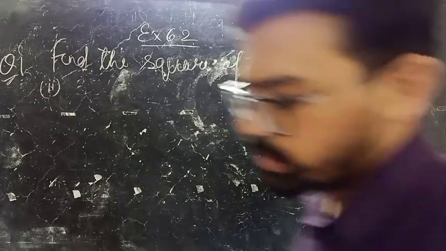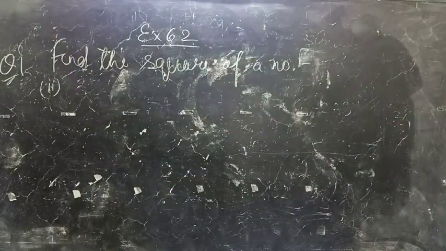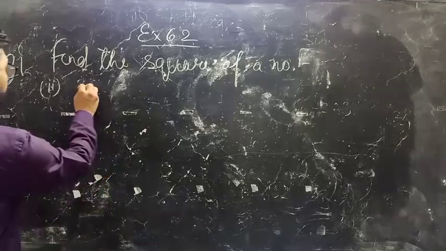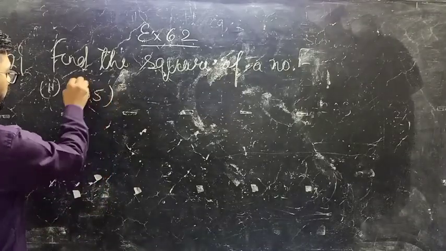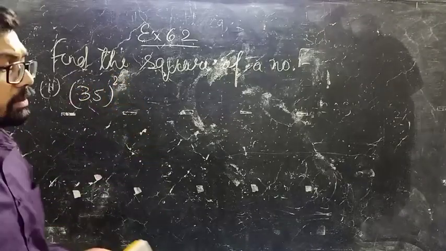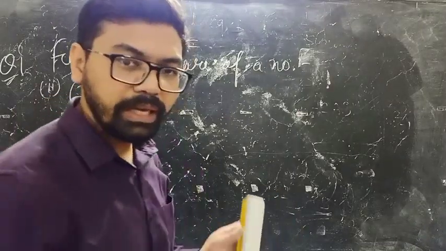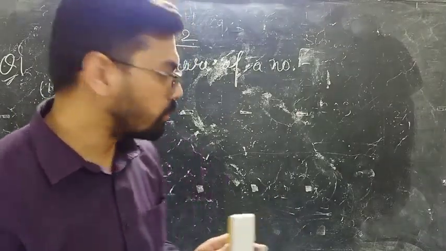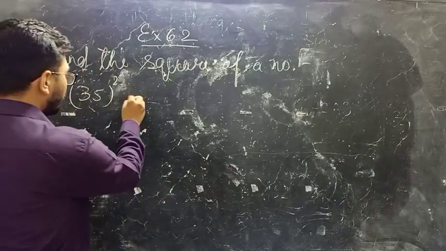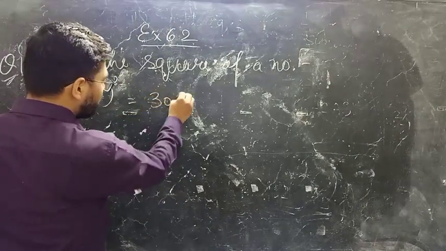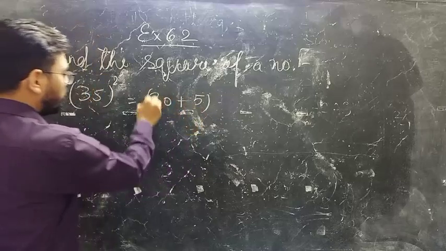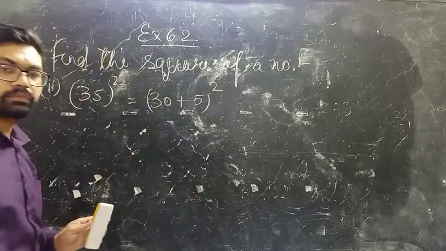Now the next is 35. Square of 35. You need to calculate the square of 35 without multiplying 35 into 35. Don't do this. 35 can be written as 30 plus 5, right, whole square.